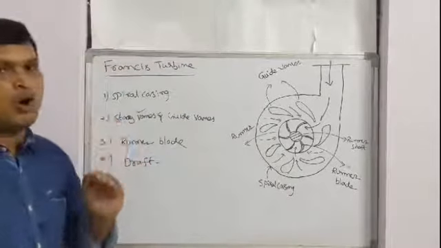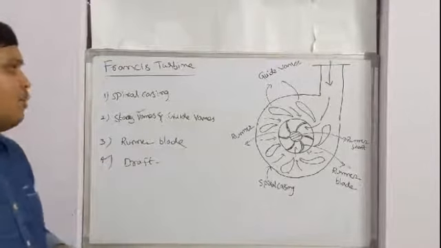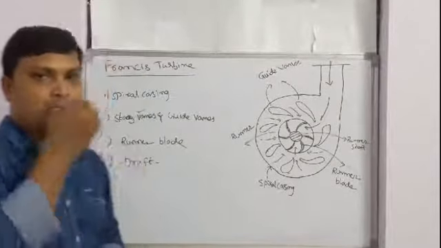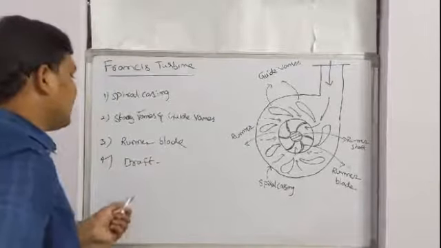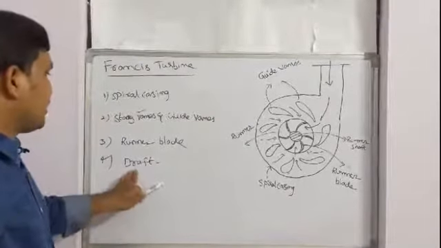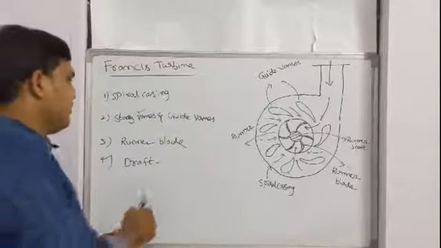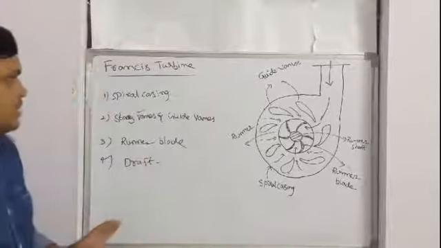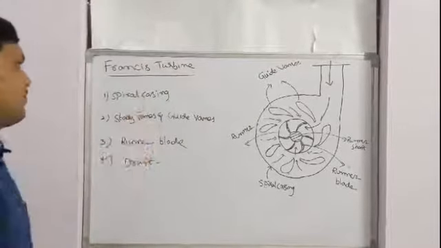Due to that low pressure, the kinetic energy increases. The more kinetic energy is used for producing more turbine work, and more turbine work means more turbine efficiency. How the pressure energy at the end of the runner is decreased, we will see in the draft tube theory concept. So these are the construction features of the components of the Francis turbine.